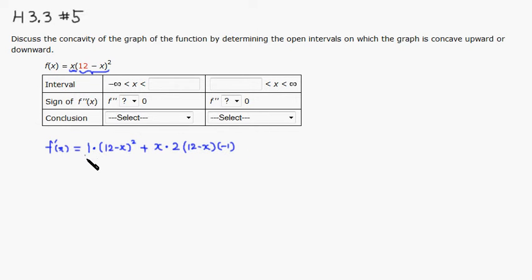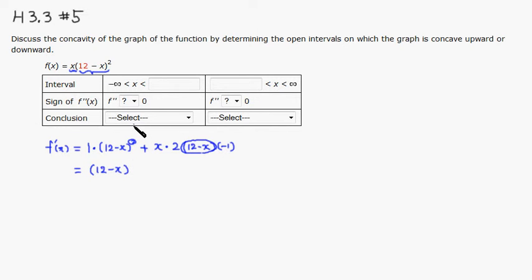So what's in common? It looks like 12 minus x is in common, so I'll circle this, and circle here to indicate that I factored out 12 minus x already.